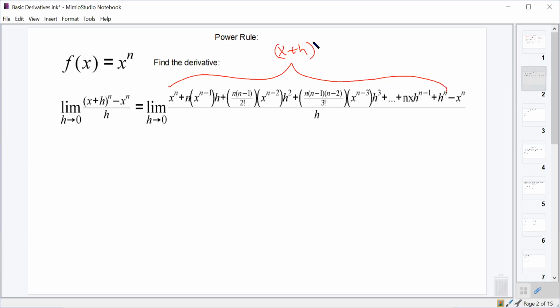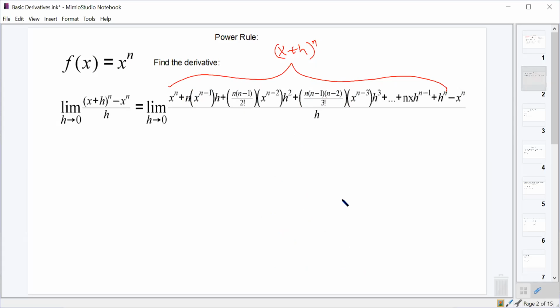Now, all of this horrific expansion here, except the minus x to the n, is the binomial theorem expanded for x plus h to the n. You don't need to know all of that. You can get the coefficients by using Pascal's triangle and so on. True? These numbers, n times n minus 1 over 2 factorial, are just the values in Pascal's triangle.